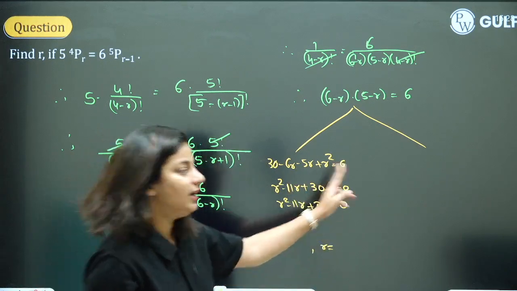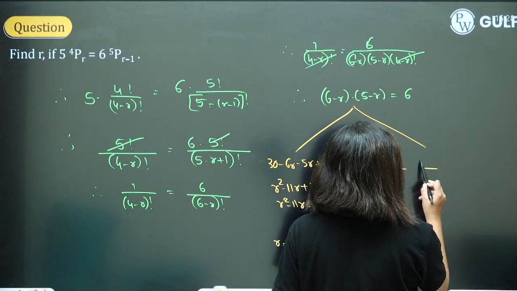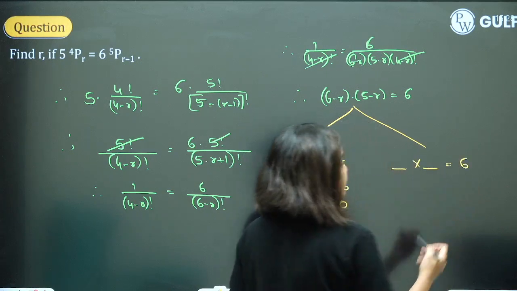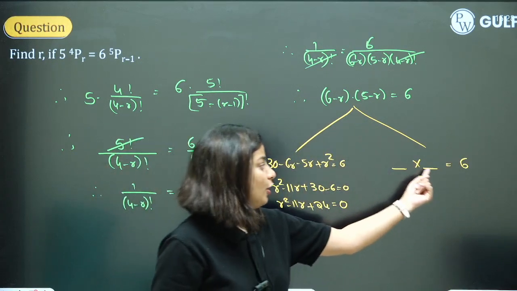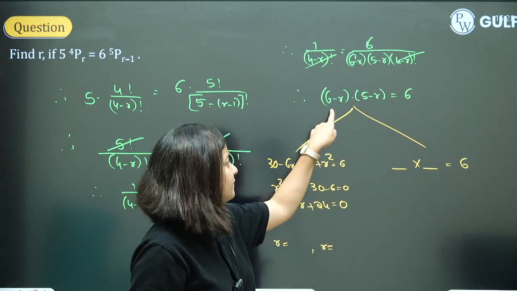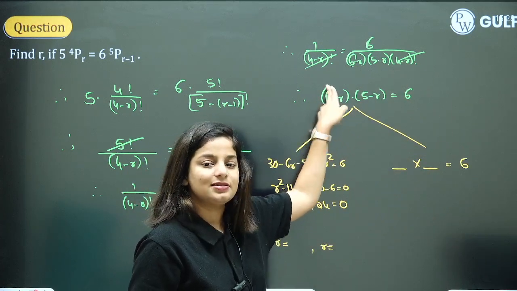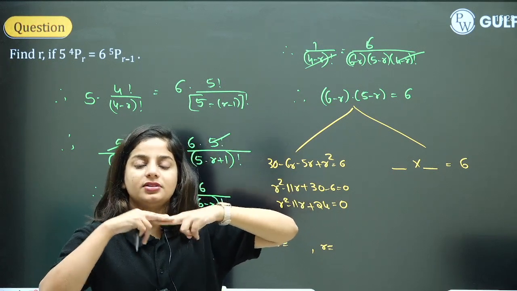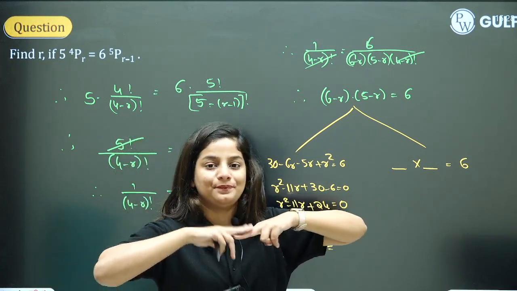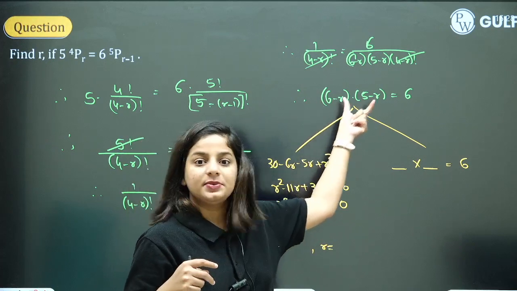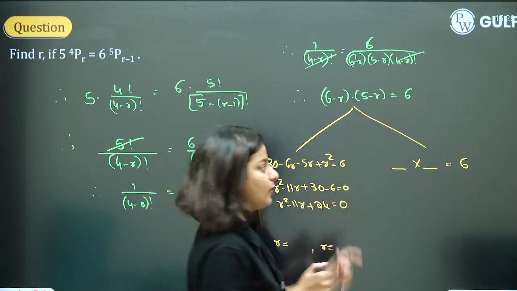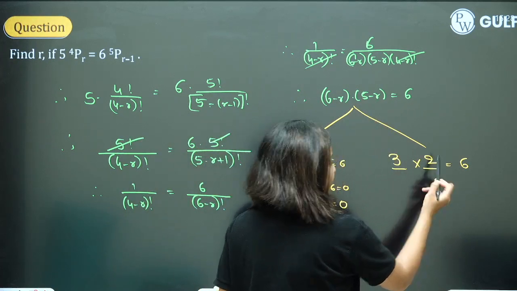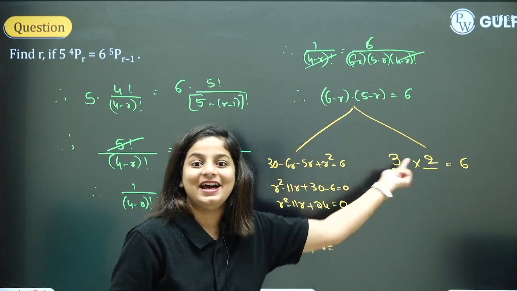That's one way. The other way you can think is, what are the two consecutive numbers which on multiplication will give me 6? Because this is consecutive, isn't it? 6 minus r, 5 minus r, they are just side by side. 6 minus r is the bigger one, 5 minus r is the smaller one. So yes, you all got it correct, 3 into 2 is 6. They are consecutive numbers.